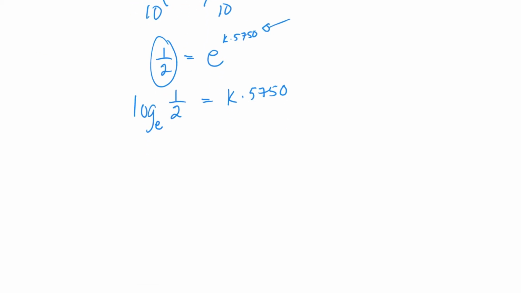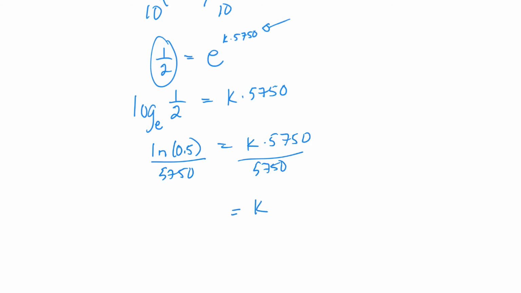Log base e is the same as ln. So ln of 0.5 is equal to k times 5750. Divide both sides by 5750. So k is equal to, let me get my calculator.